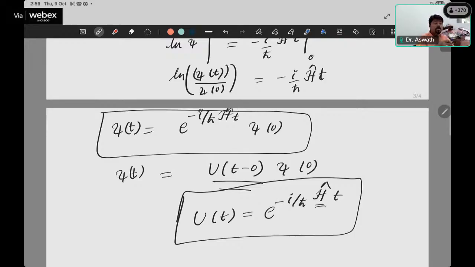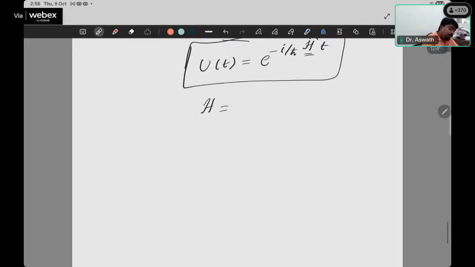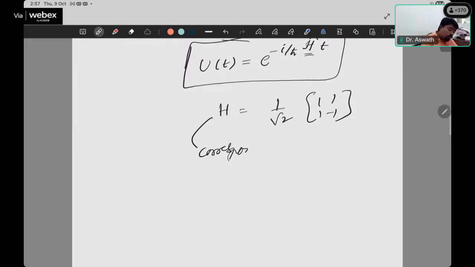The Hamiltonian takes the surroundings into account. For example, the Hadamard gate. What is the unitary operator for the Hadamard gate? The Hadamard gate's unitary operator is just the Hadamard gate itself. The Hadamard gate is 1 by square root of 2 times the matrix with rows 1, 1 and 1, minus 1. Now the question is, what is the corresponding Hamiltonian?